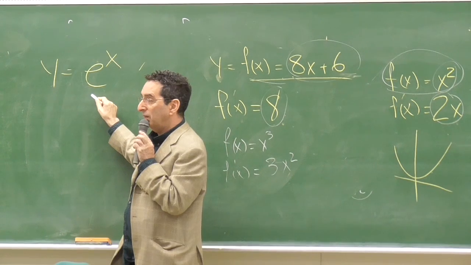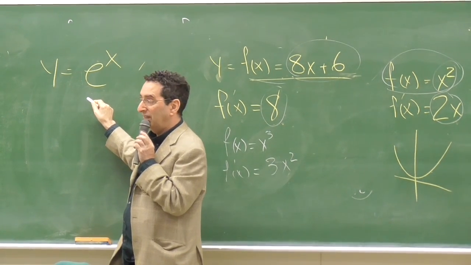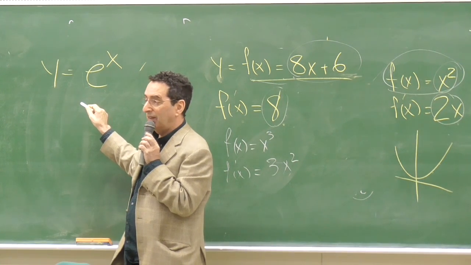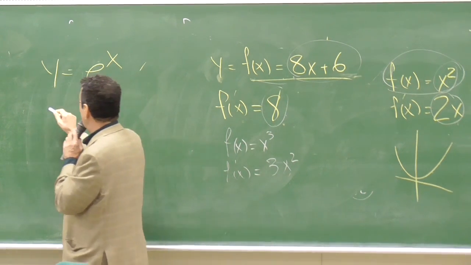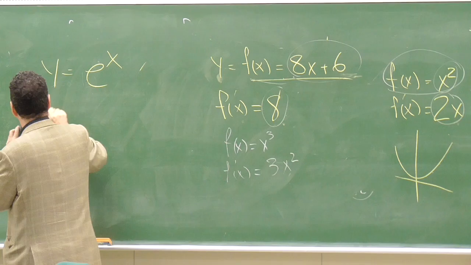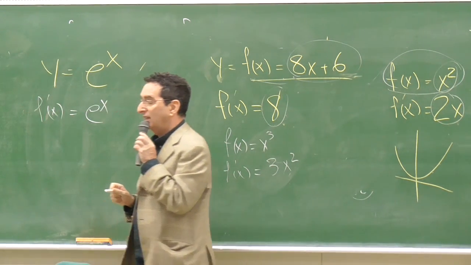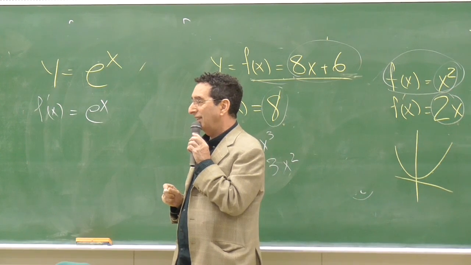You can prove that this is the only function whose derivative is the same thing as the original function. So that means that f prime is also e to the x, which is kind of weird.